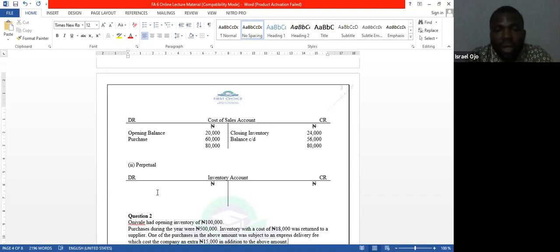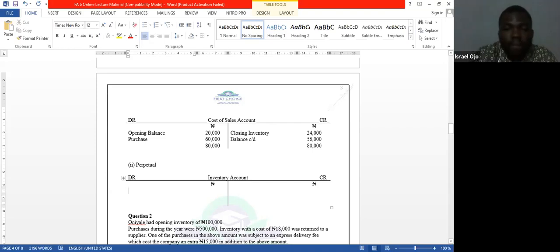So we have this inventory account, and the opening balance was 20,000. So we have inventory here to be 20,000.